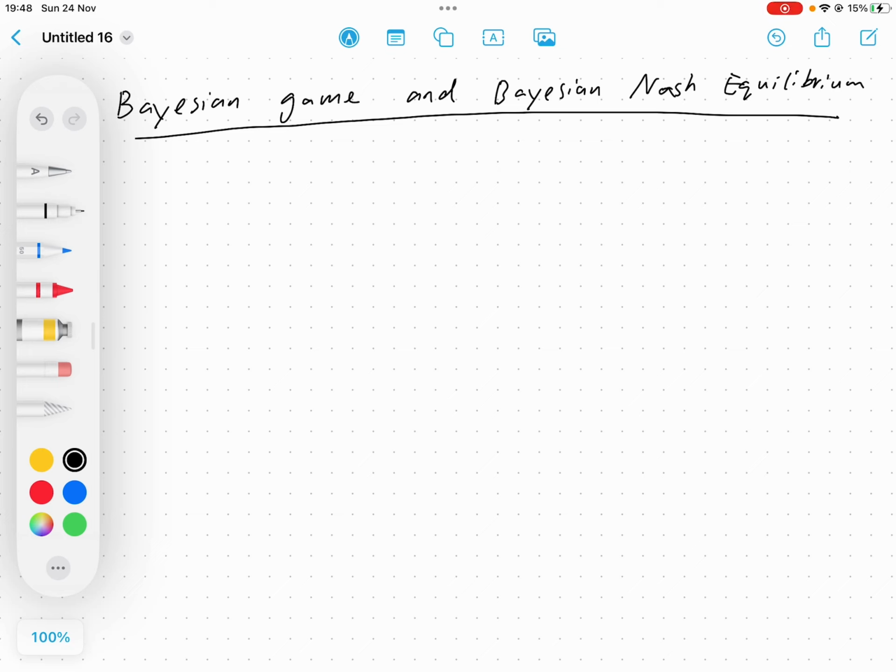And this is the Bayesian game. Previously in a strategic game, the two important parts are the set of players and an action profile A_i for the players.